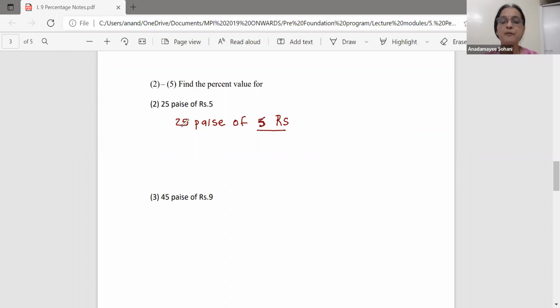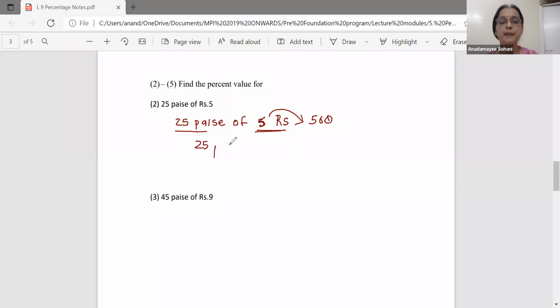Now, very important over here is I need conversion. I will either need to convert this to rupees or this to paise. I cannot find the percentage of one value in paise and one value in rupees. I'm converting these 5 rupees into 500 paise, the easier way. So 25 paise is what percent of 500 paise?